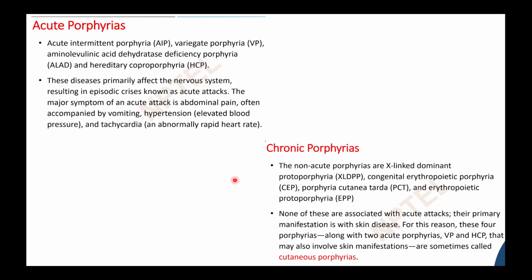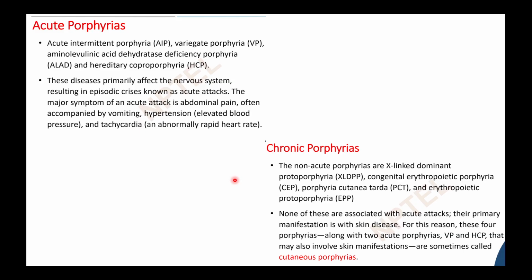So acute porphyria can affect the nervous system, and the major symptom of an acute attack is abdominal pain, accompanied by vomiting, hypertension, and sometimes a rapid increase in the heart rate.